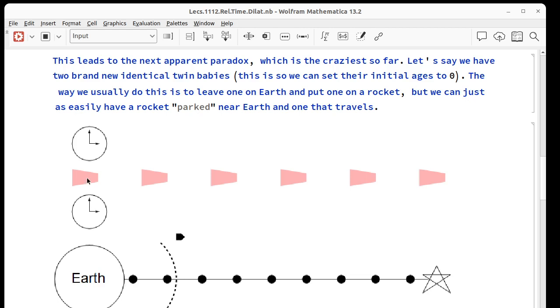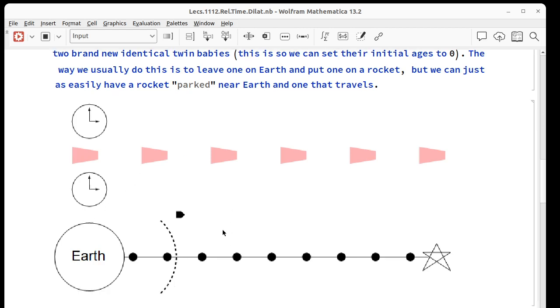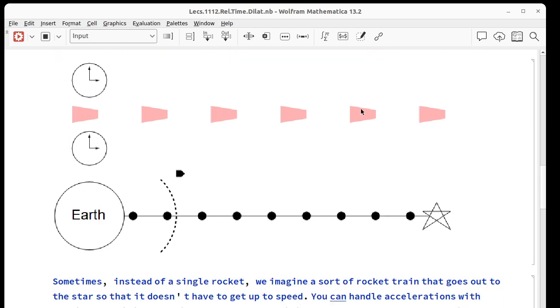We can just as easily, instead of on the Earth, leave the baby stuck in a spaceship here near the Earth. So we can also imagine a conveyor belt or a subway, a train of rockets, all heading from Earth to this nearby star.